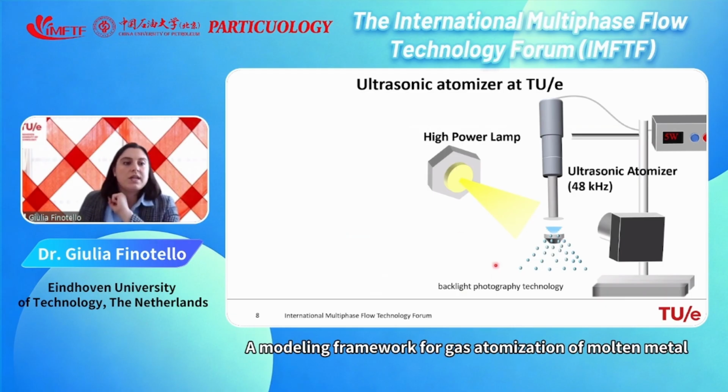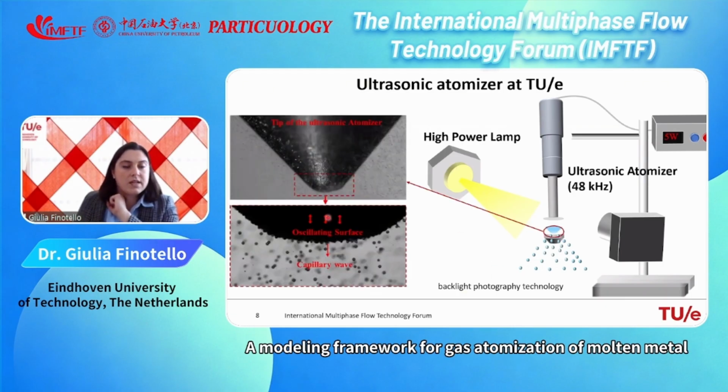And what you see is really what is in this zoomed-in image. This is really the tip of our nozzle, which in this case is a more conical shape. It's not a disc, as I said. And this is vibrating, and you can see that these small dots are water droplets that are produced through this mechanical vibration.